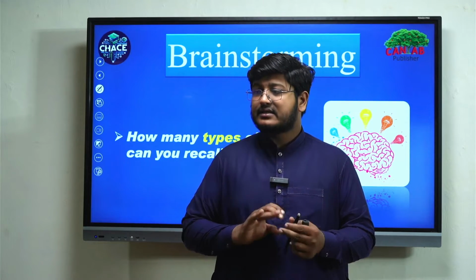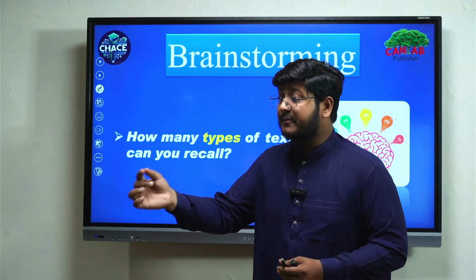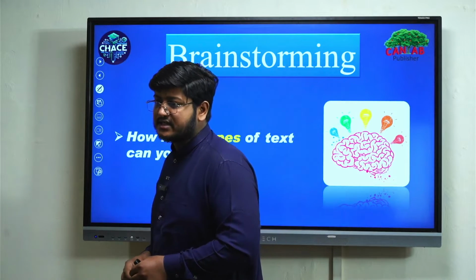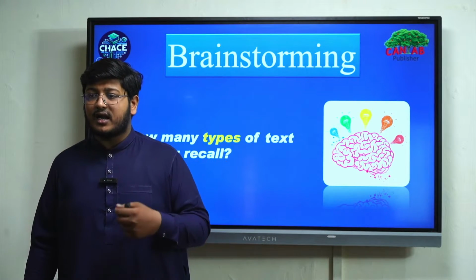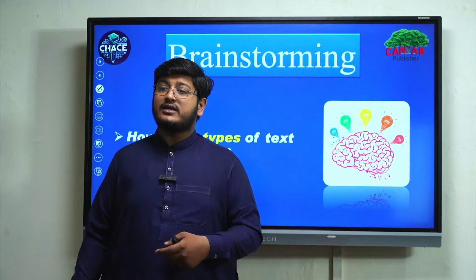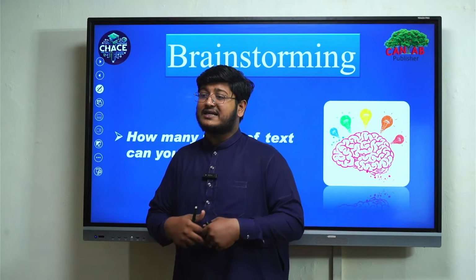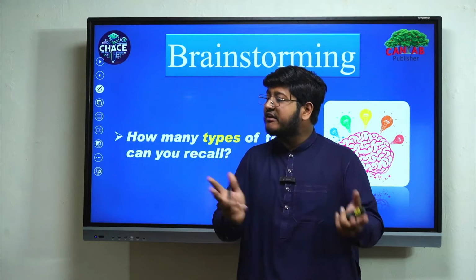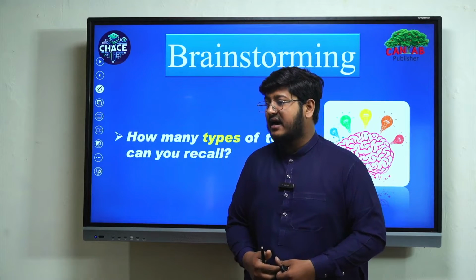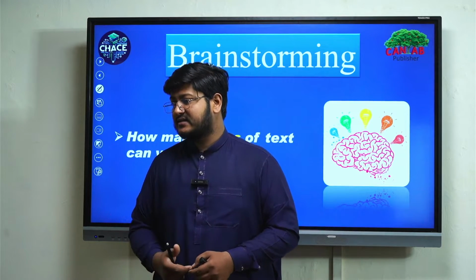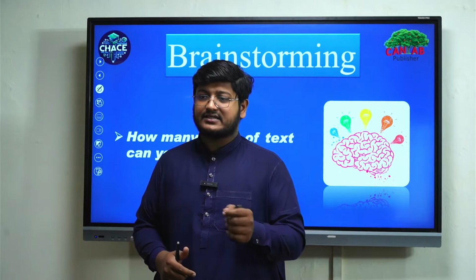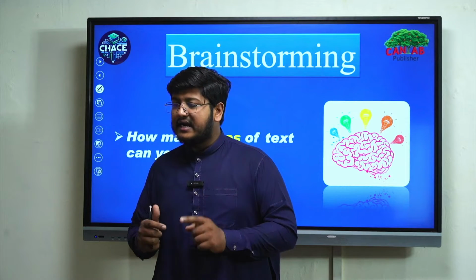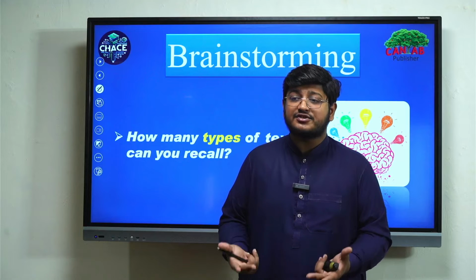Is that clear? Thirdly we have descriptive text types. What is descriptive? If we are elaborating something, describing something, defining something in a general manner, it is called descriptive text. Is that clear? And lastly we have expository text.